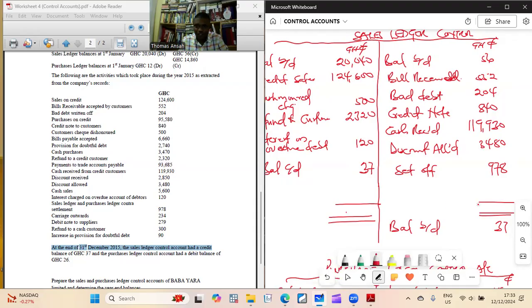Find the figure here. So when you get the figure, let's say 20040, it should be faster than me. 124,600 plus 500 plus 2320 plus 120 plus 37. So I beat you to it, right? So 617. Now, if I am adding this side, so here it should automatically be 147,617.